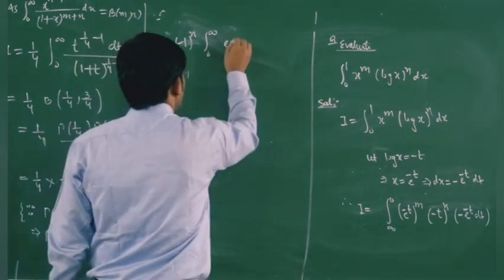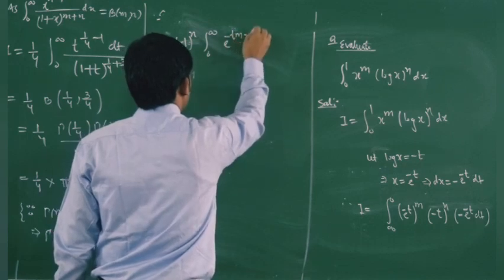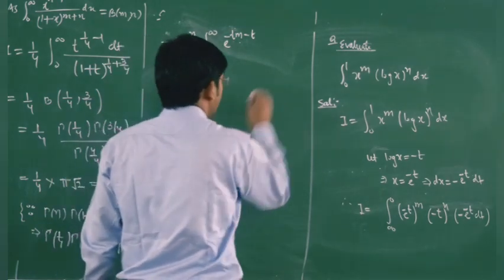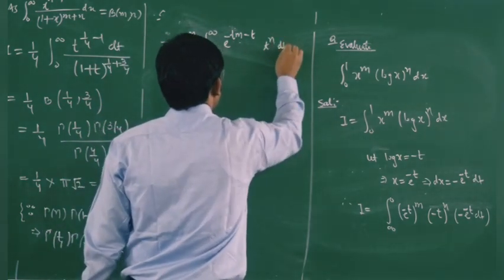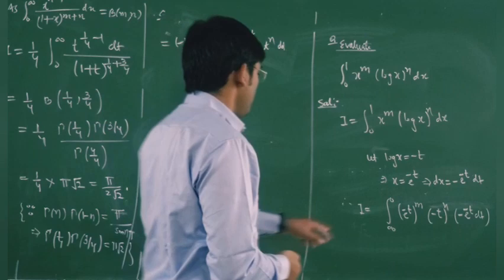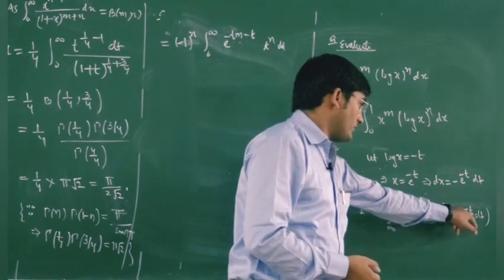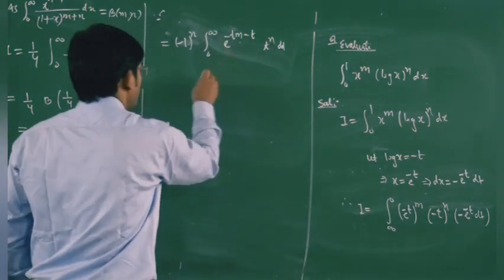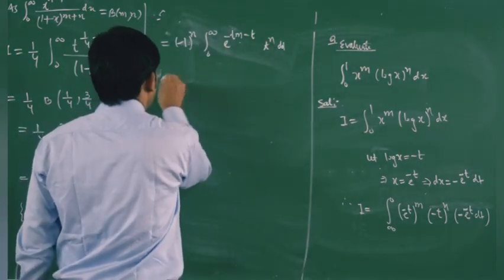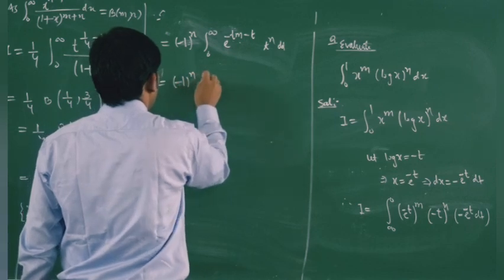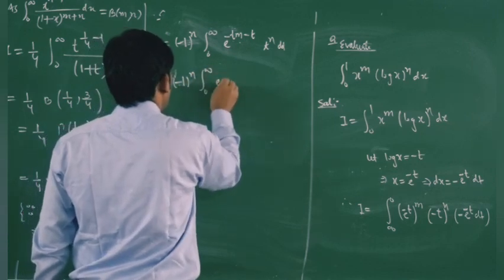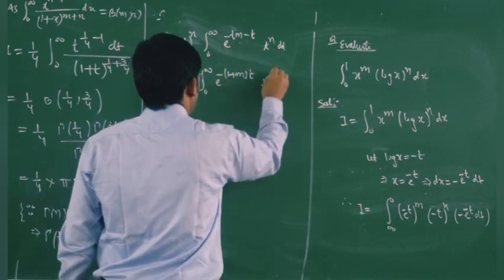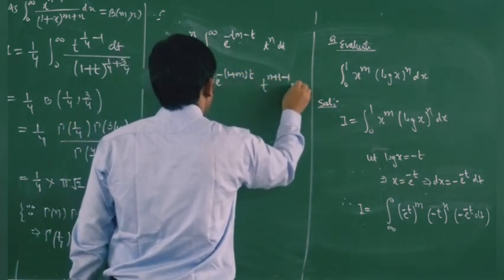In the bracket we have e to the power minus mt, then e to the power minus t, and t to the power n dt. Now this can be written as (minus 1) to the power n times the integral from 0 to infinity of e to the power minus (1 plus m) t, times t to the power n plus 1 minus 1, dt.